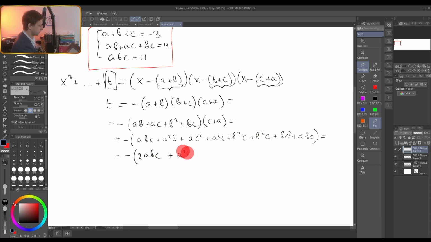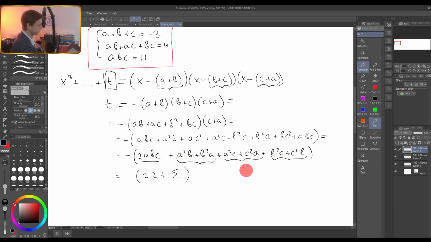So let's make it a squared b plus b squared a plus a squared c plus c squared a plus b squared c plus c squared b, and it will look like this. So 2abc, no question about it, it is simply 22. So it will be minus this 22 plus this sum that we have here. And we would like to find this sum, and obviously we need to use these conditions.